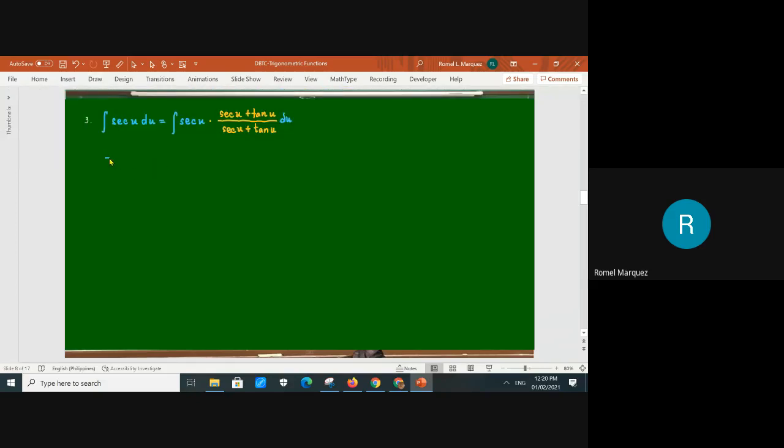This is now equal to the integral of secant u times secant u, which is secant squared u, plus tangent u times secant u, which is secant u tangent u, then du, all over secant u plus tangent u.